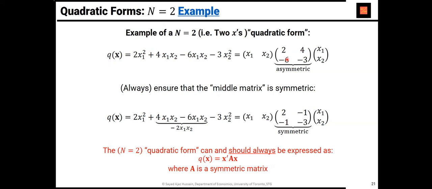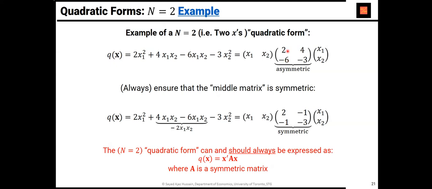What you would have to remember going forward, anytime somebody gives you a quadratic form, no matter what you do, just like you have to check your Instagram when you wake up in the morning and before sleep at night, no matter what you do, when you do quadratic forms, the middle matrix always has to be symmetric. You can't forget that. So to make it symmetric, I'll show you a trick.